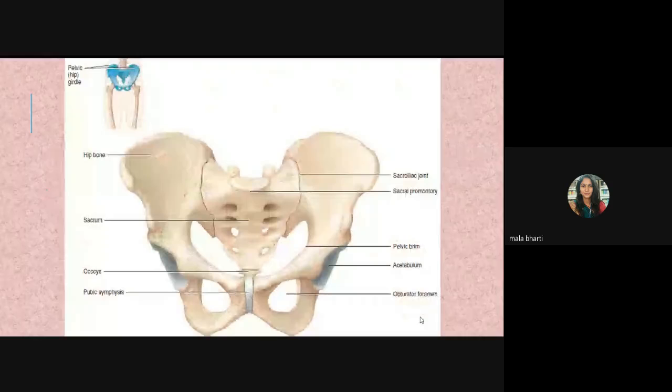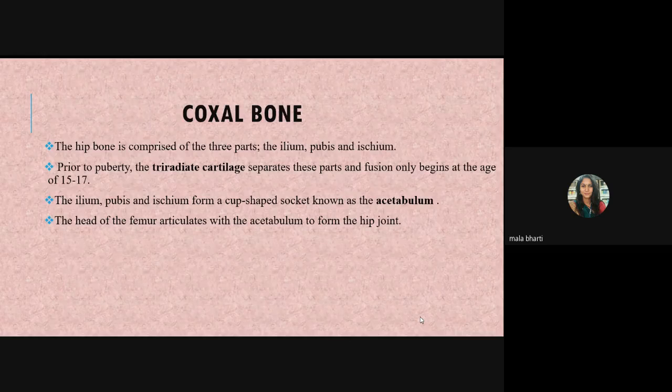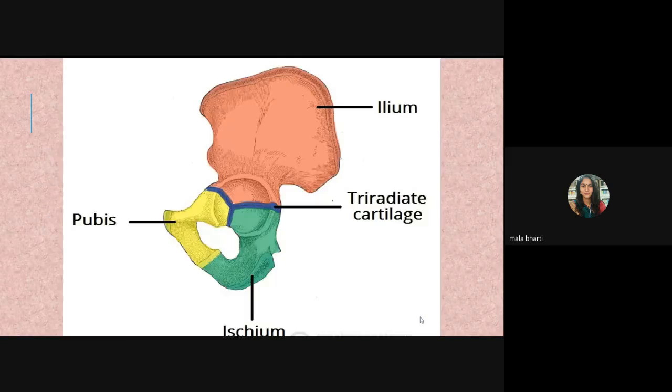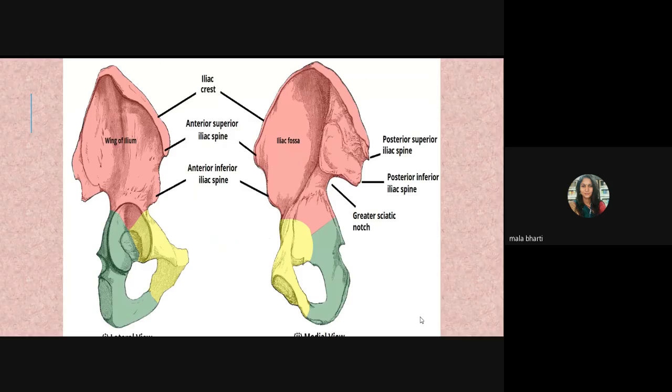This is how the pelvis looks, and what we are trying to do here is look at whether this is a male or a female pelvis. The pelvis bone is also known as the coxal bone, and some information regarding the coxal bone is mentioned here. This is how one coxal bone looks. It is made up of 3 bones, and this is how it appears.